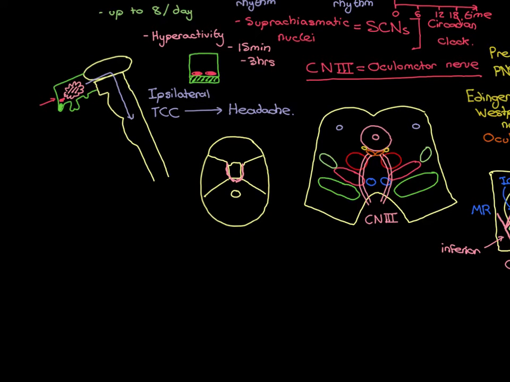What I will say is that the hypothalamus is an evolutionarily ancient portion of the brain which controls a lot of evolutionarily ancient functions of the nervous system. The autonomic nervous system is an evolutionarily ancient part of the nervous system. So we know that the hypothalamus does indeed control a lot of the autonomic nervous system.